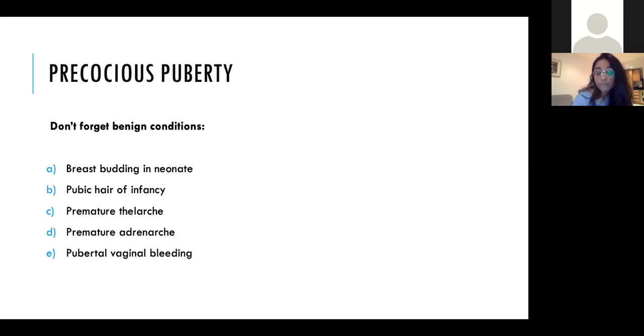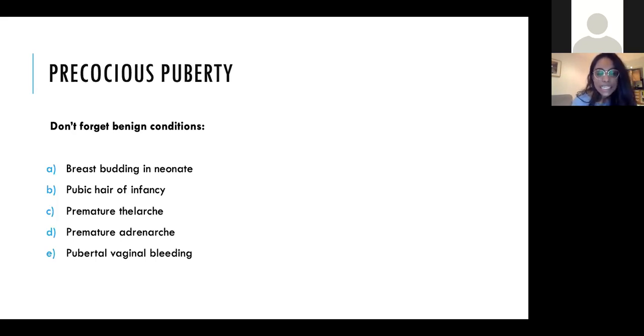You could do a bone assessment, which we'll talk about later, just to exclude significant causes of precocious puberty. So no, not precocious, delayed puberty. No, I mean precocious puberty. But anyway, the point is that this doesn't need any further assessment if it doesn't involve any rapid progression of symptoms, if it's just premature adrenarche.